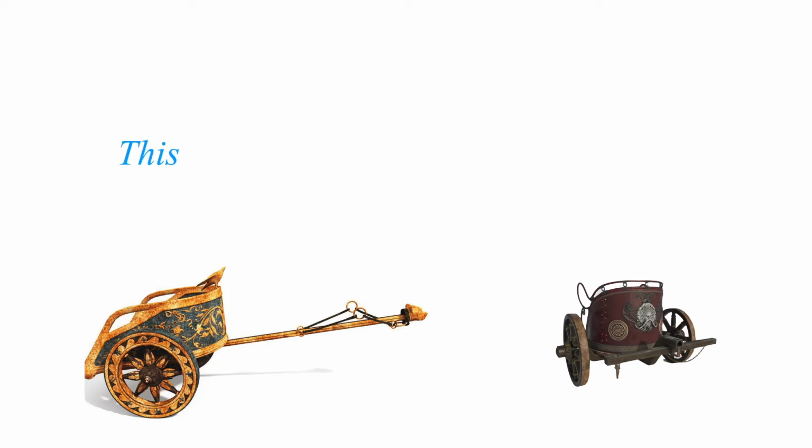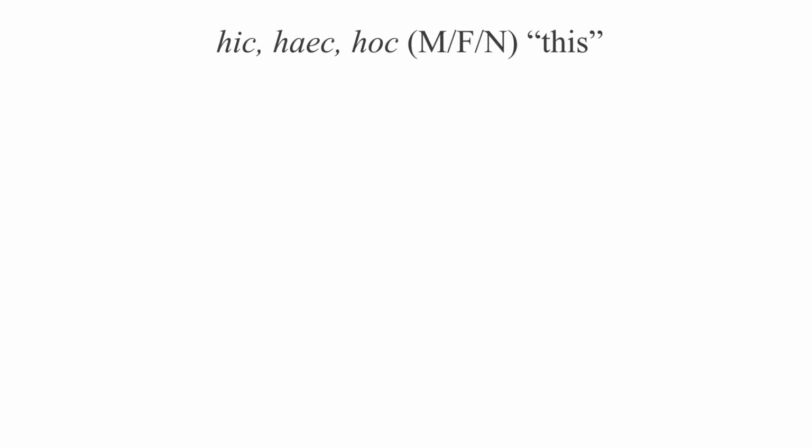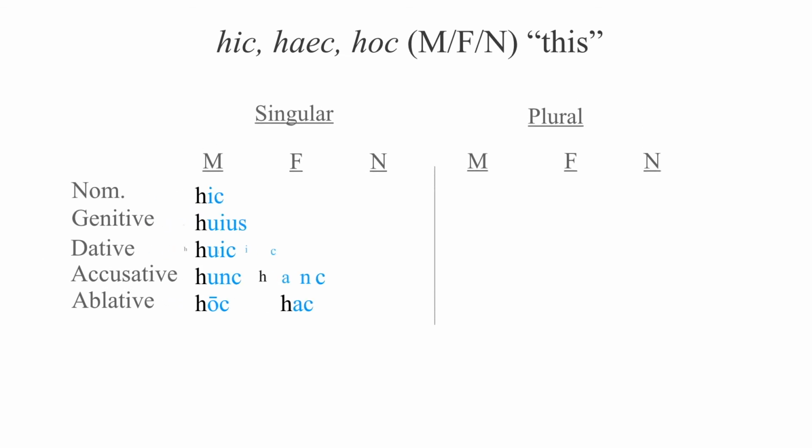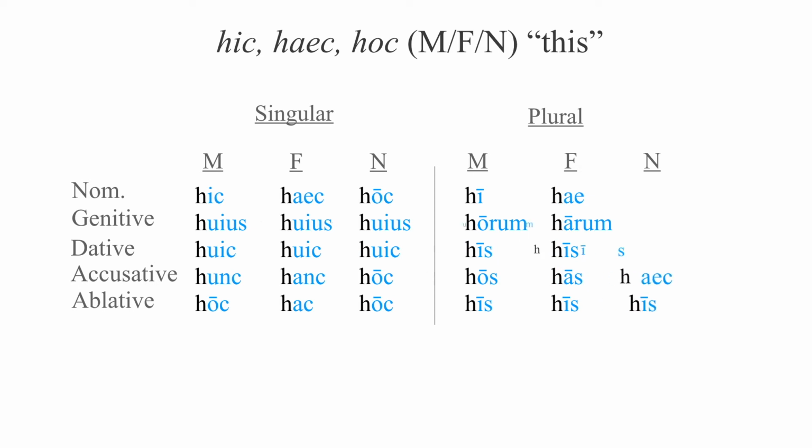For example, this chariot, hic currus, not that chariot, non ille currus. As you can see, in the case of hic, haec, hoc, the demonstrative pronouns do have gender, number, and case.